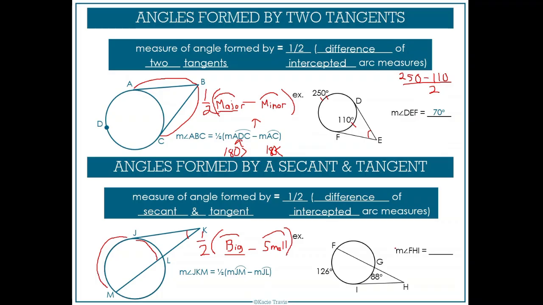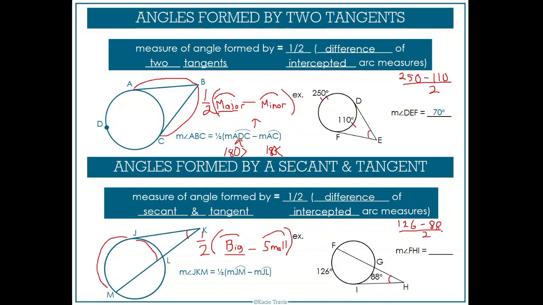So let's look at another example. We have two arcs here that we could use to find our angle FHI, which is out here. So when we do this, we take our two arcs, we got 126, and we're subtracting 88. After we get those two, we then divide it by 2.